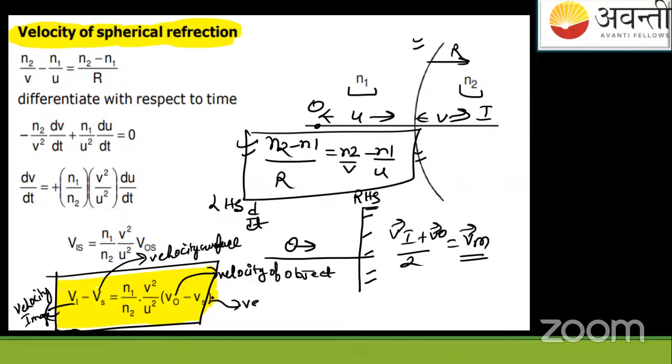This will give you the velocity of the surface. Okay. This is N1, N2, the refractive indices of 2 different mediums. This is V square upon U square. This is image distance. This is object distance. Got it, students? Remember this formula.